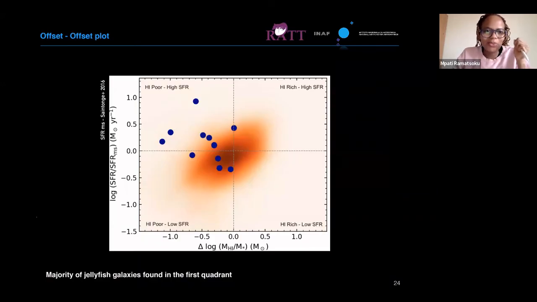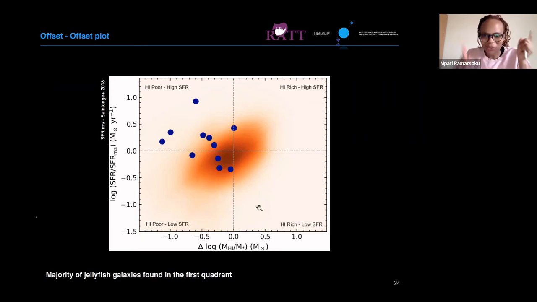So we looked at what we now like to call the offset plot. In this plot, I'm showing the difference between the star formation rate that we observe and the star formation rate main sequence. So this is the star formation rate where we find most galaxies that live in the field. So if this was a perfect sample, all the galaxies would just be lying here in the middle. And on the x-axis, I'm showing the difference between the H1 fraction that we measure for these jellyfish galaxies and the H1 fraction that we expect from the scaling relations that I showed in the previous slide.